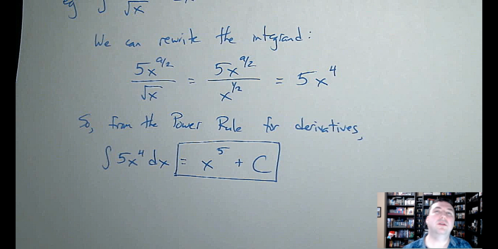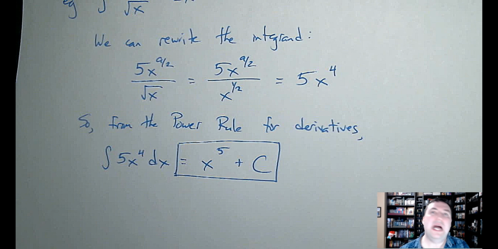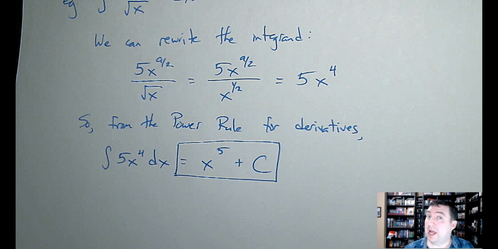But of course, because we're relying on our knowledge of differentiation, it's not always going to be obvious which differentiation rule is going to apply in any given situation. And it also means that we're going to be able to come up with lots of situations where those differentiation rules will not directly apply.